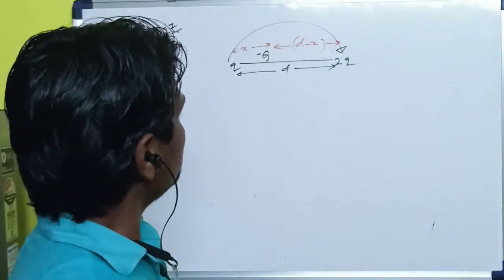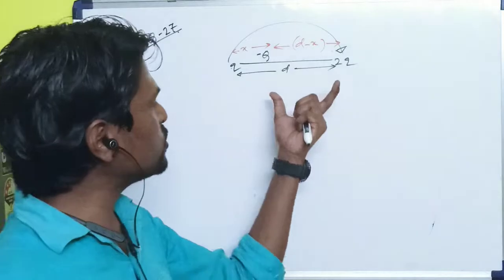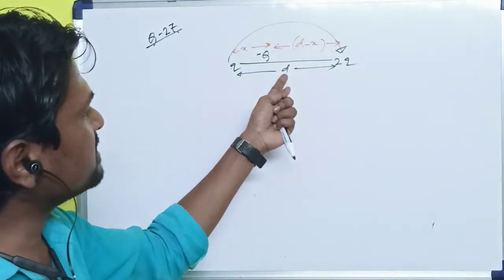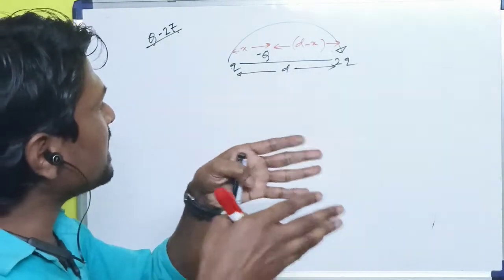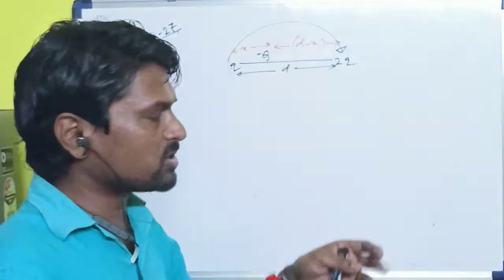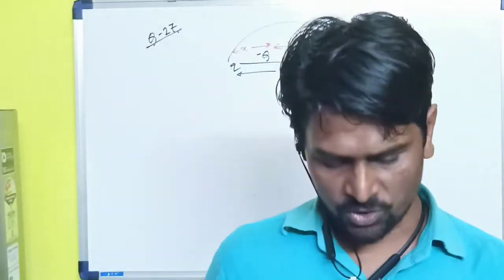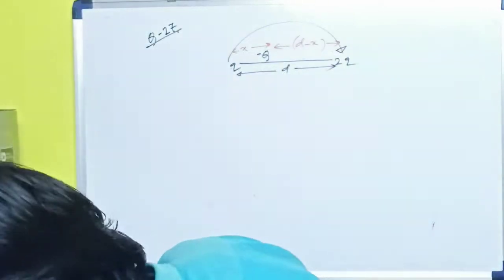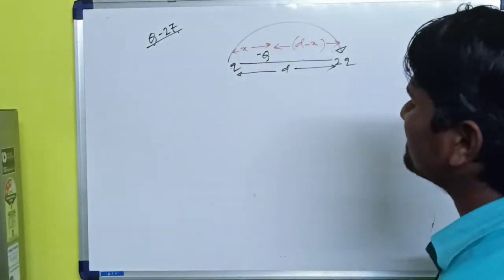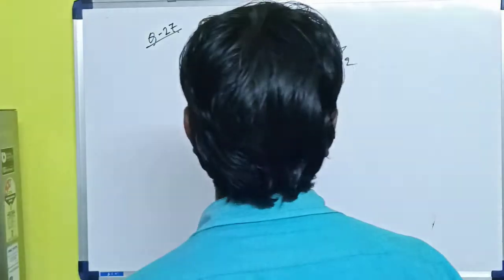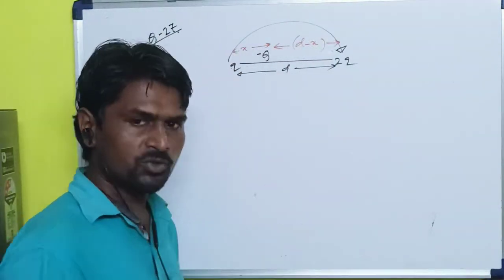So the question is: two charges q and 2q are separated by a distance d, where should a third charge be placed or clamped so that the three charges are in equilibrium? What is equilibrium? The net force is 0.